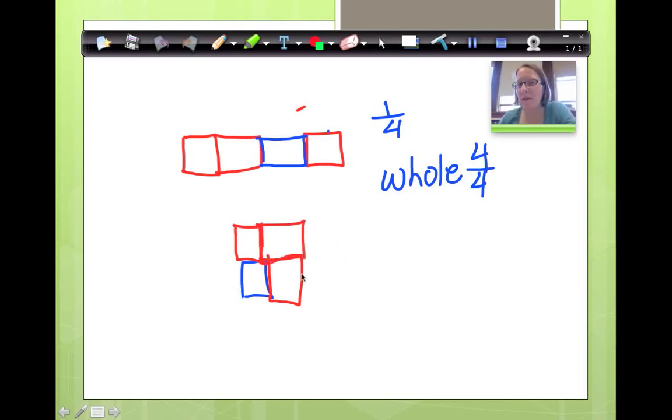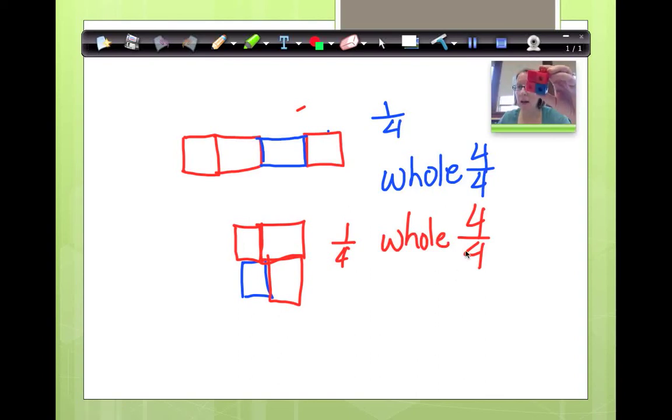So what is my fraction, my unit fraction? What is it cut into? There, this picture is cut into 1/4, and what is my whole? My whole would be 4/4. Is that correct? Well, I just made the same fraction, but they're different shapes, aren't they? This was long and skinny, and this one is a square.